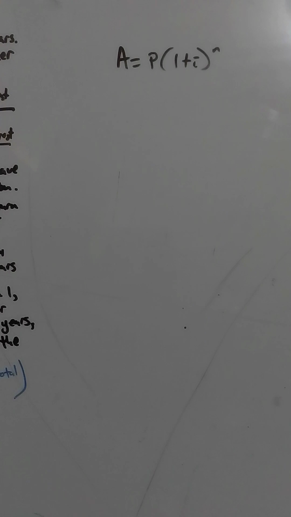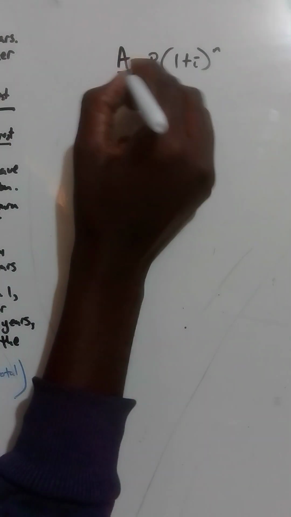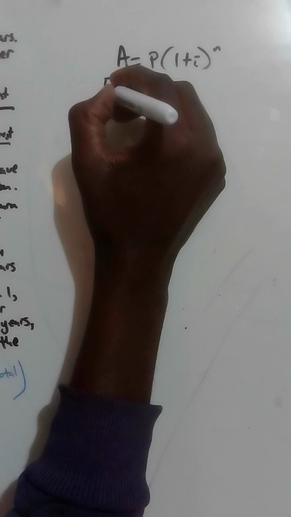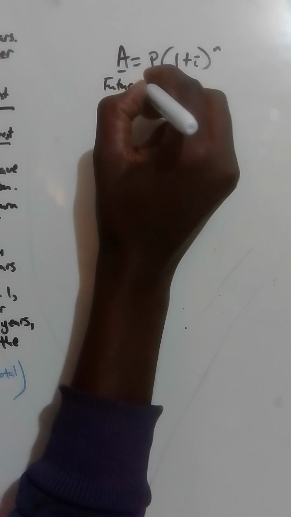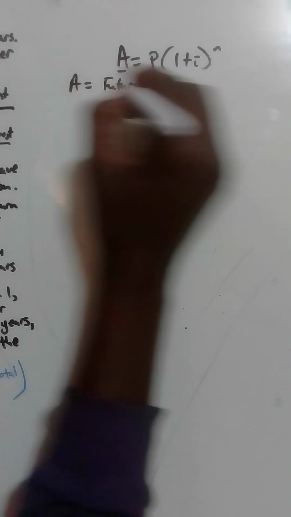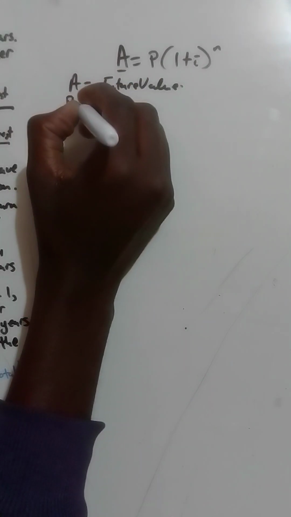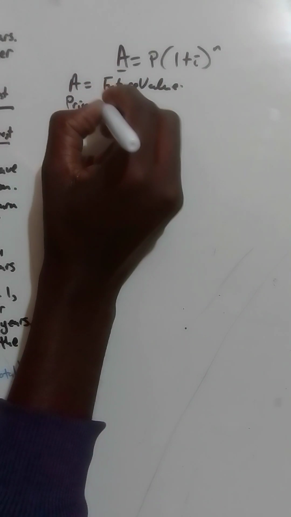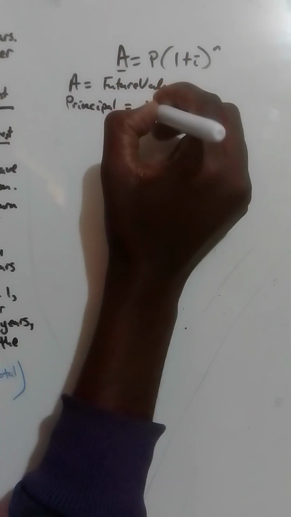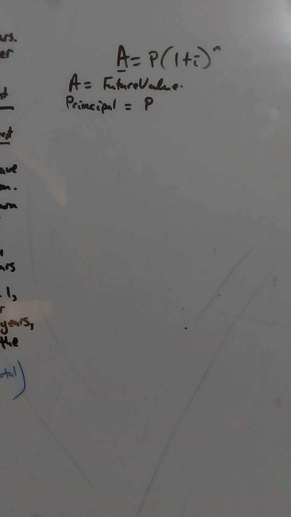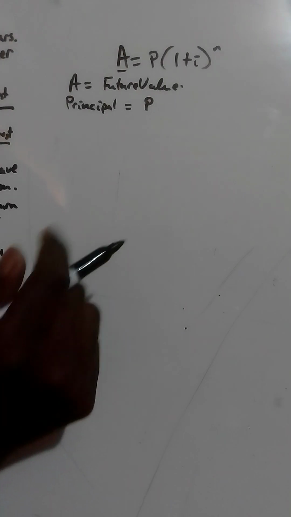Now, what is it that we need to understand about this formula? This A means it's our future value, the amount which we are going to have in the future. So A is equal to the future value. P is the principal, the amount which has been initially invested, or the amount which has initially been saved in this particular scenario.